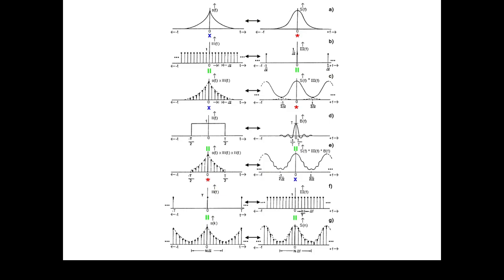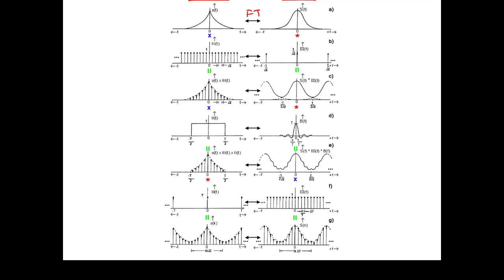Hence, what is happening in the discrete Fourier transform? We have a signal in the time domain. If you perform the Fourier transform, its corresponding frequency domain component is given over here.